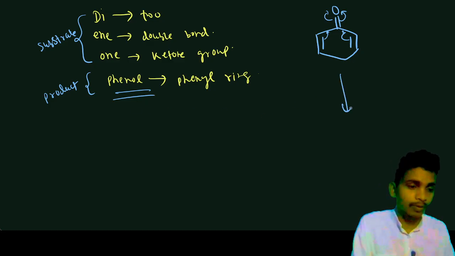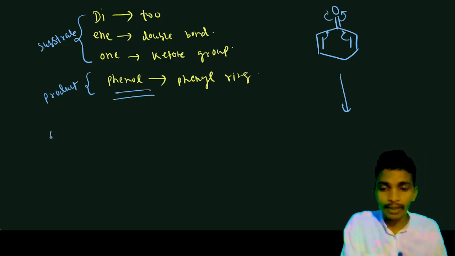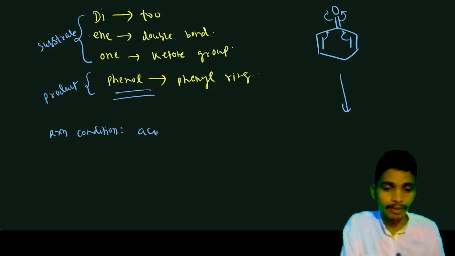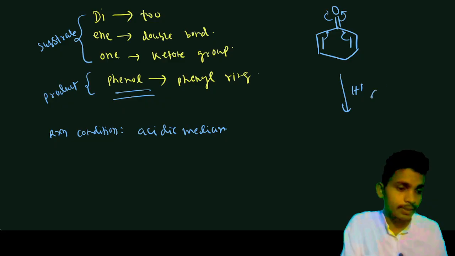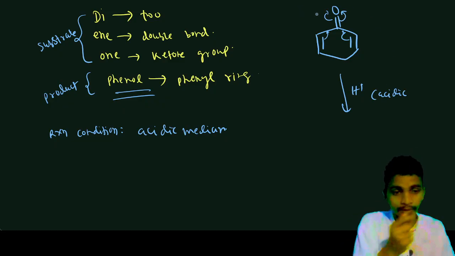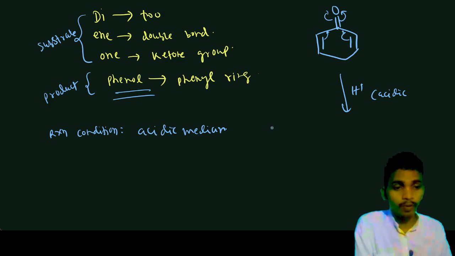The product will always be phenol, and the reaction condition is acidic medium, let's say H plus. If the ketone group is in the middle with two double bonds on either side, it always forms a phenol.